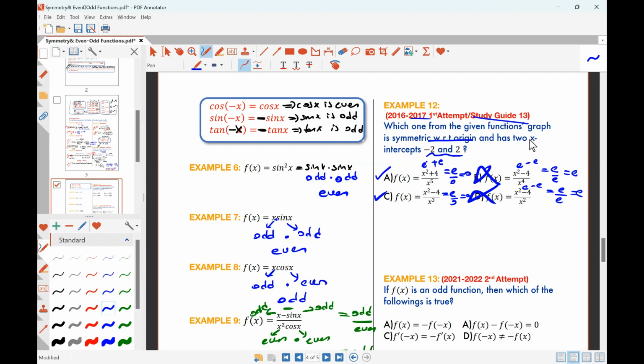Now let's check x-intercepts. Our x-intercepts are supposed to be negative 2 and 2, meaning (-2, 0) and (2, 0) must satisfy the function.